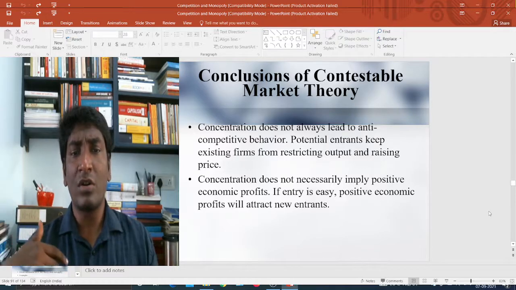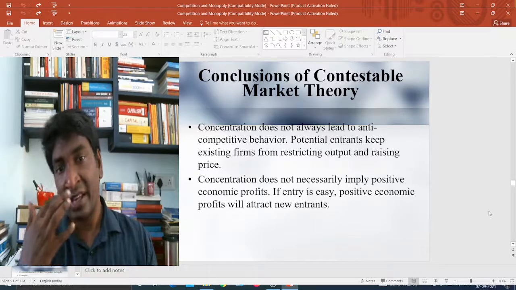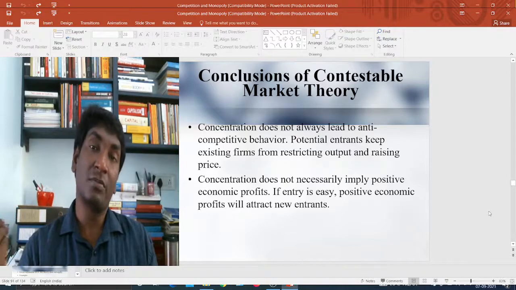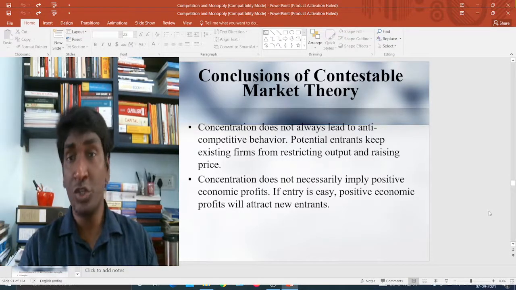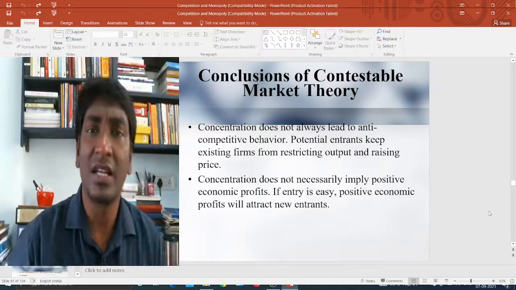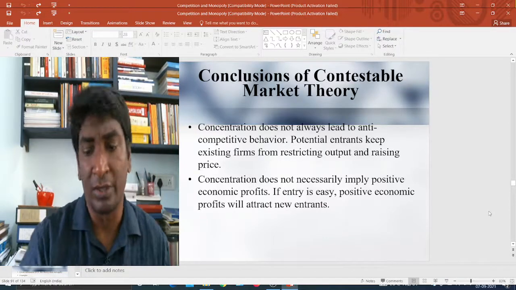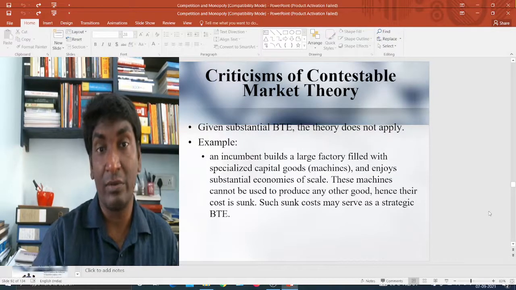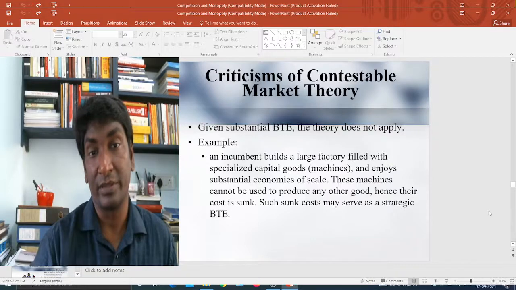So concentration doesn't necessarily imply positive economic profit. If entry is easy, positive economic profit will attract a new entrant. Of course, as a principle, the market has no issue, but that will wither the monopoly or oligopoly power. This is a very important point.